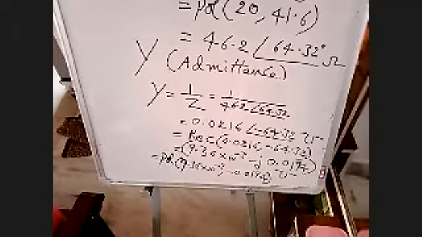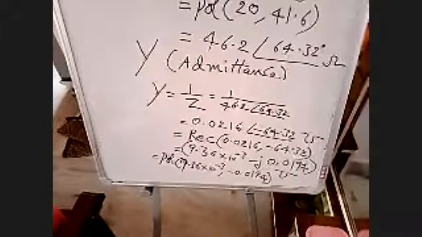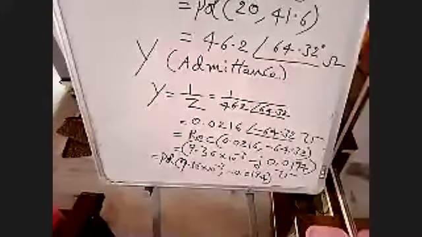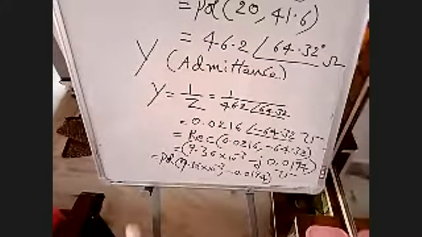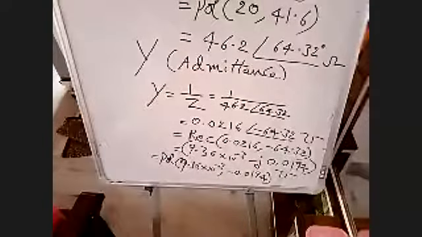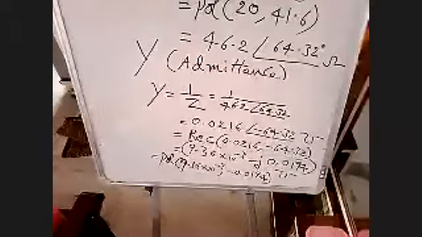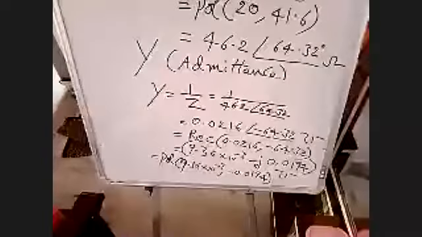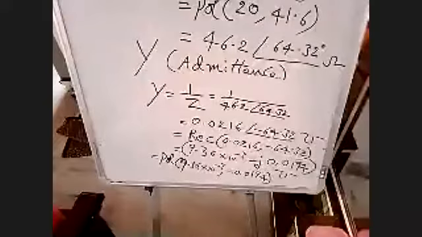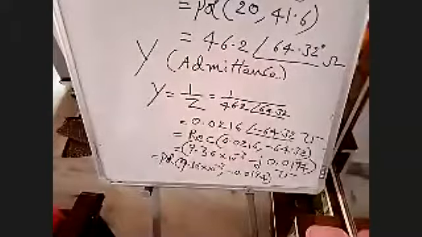Take POL, take this value, comma, minus that value, and you get the rectangular form. Any doubt in how to convert rectangular to polar and polar to rectangular? You should have a calculator. If you do not have a calculator, it becomes difficult to solve these problems. That is the admittance. We have now determined the admittance.